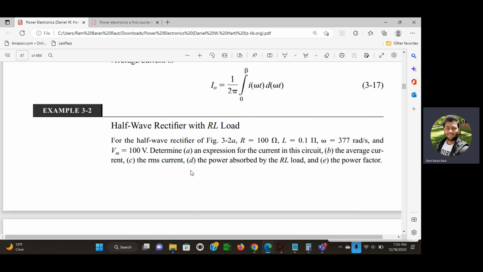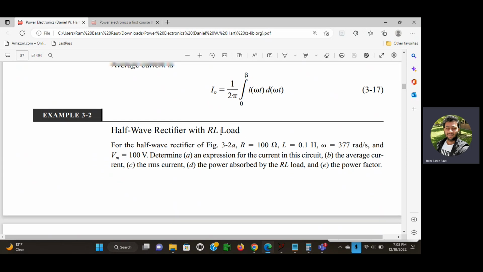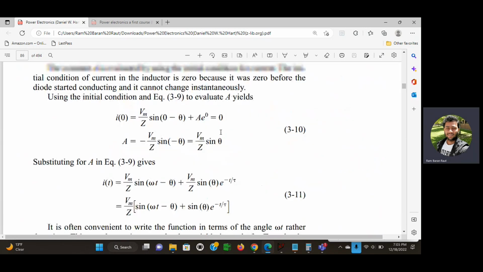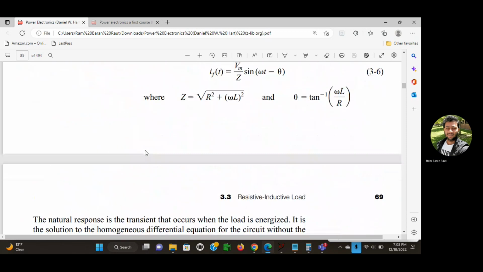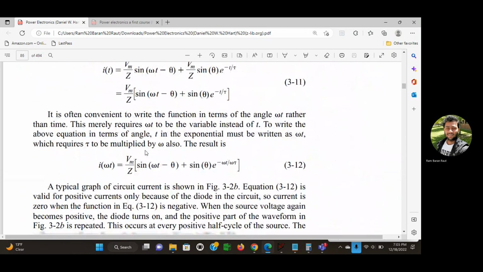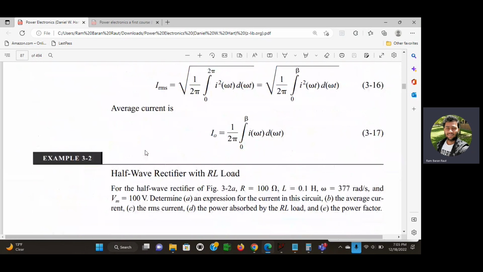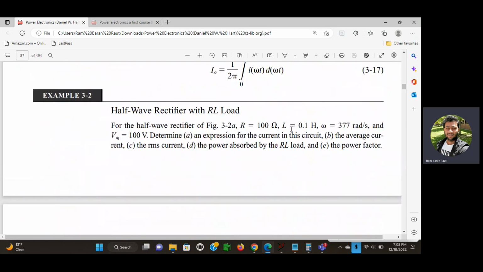This is example 3.2 from the same book, Power Electronics by Daniel Hart. The question is, for the half-wave rectifier of figure 3.2a, which we have already seen here, this circuit, the given resistance is 100 ohm and inductance is 0.1 Henry.